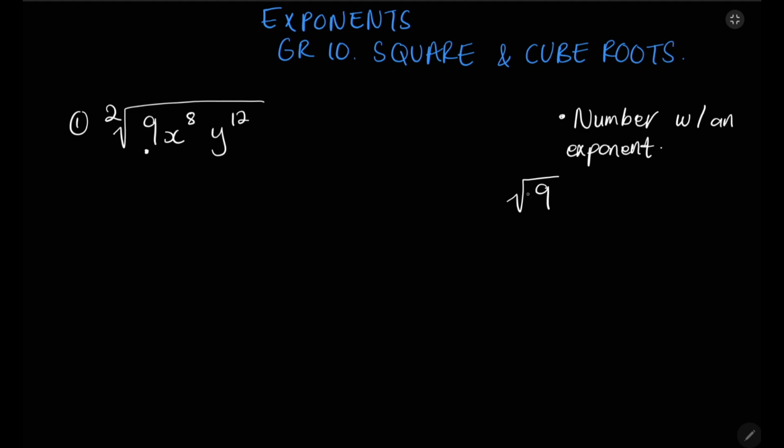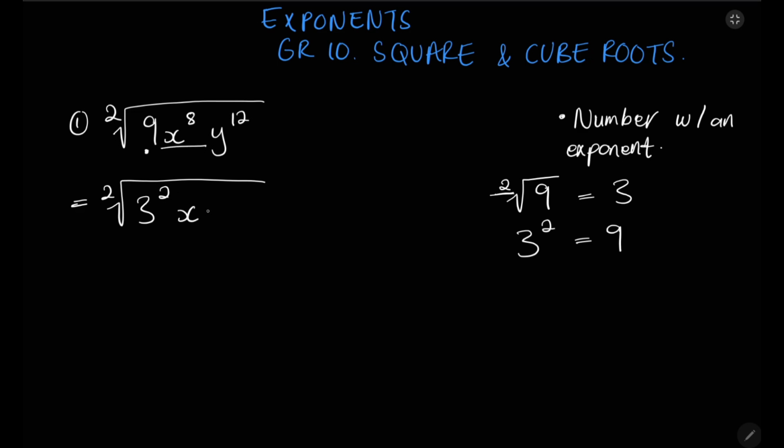If it were 3, we'd have to find the cube root of a certain number there. What is the square root of 9? It's 3. And remember, always verify with the calculator. So 3 can be written as 3 to the power 2. What is 3 to the power 2? It's 9. So we can rewrite this as the square root of 3 to the power 2, x to the power 8, and y to the power 12.